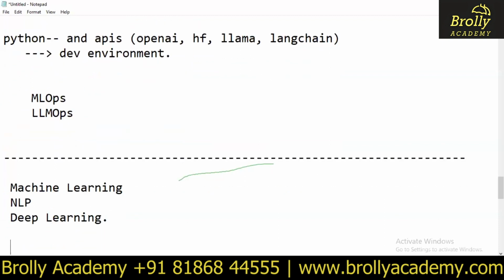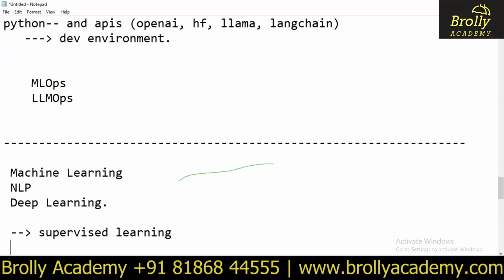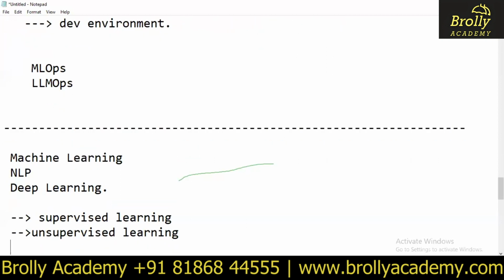And what are the types of approaches in machine learning, like supervised learning, the opposite term, unsupervised learning, and one more approach, reinforcement learning. Especially all AI models are built based on reinforcement learning. So first of all, you should understand what is supervised, unsupervised, and reinforcement.